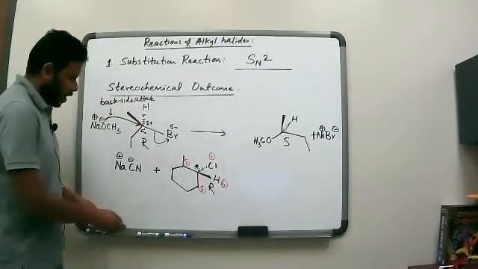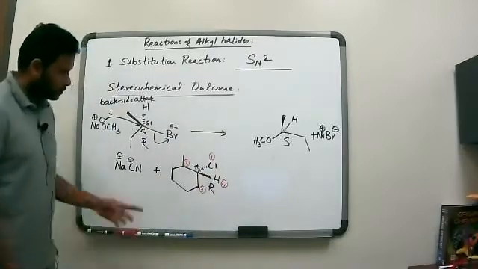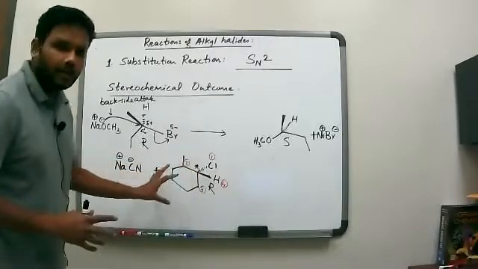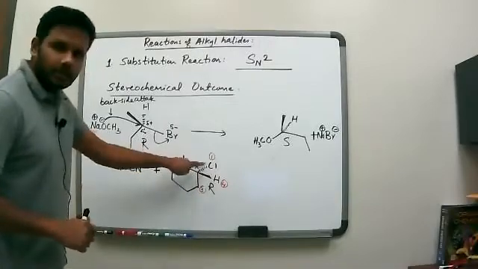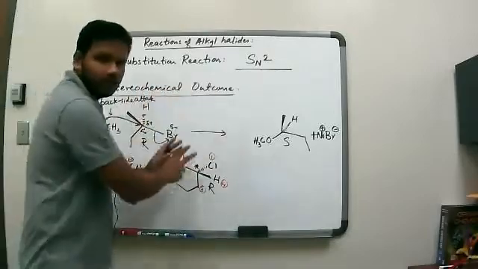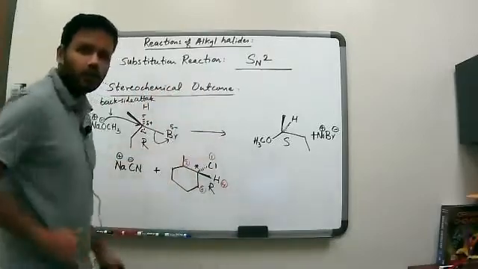So this is R. Now, if you look at this picture of the alkyl halide, the halogen is on a dash. It is behind the plane of this whiteboard.